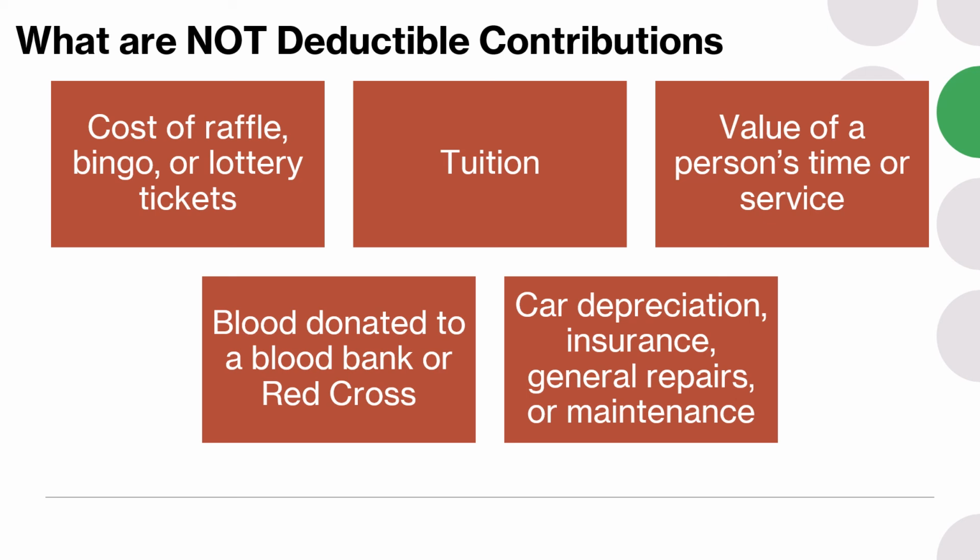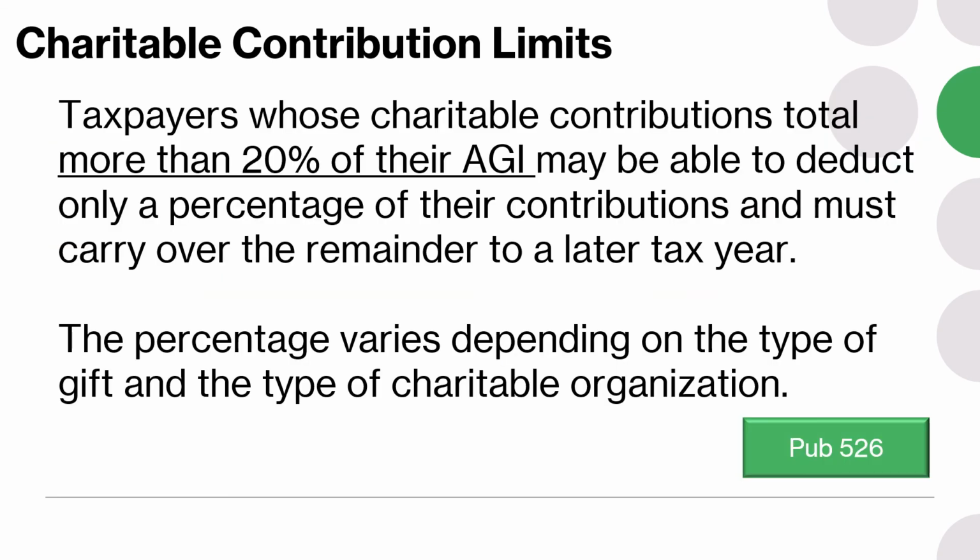Also blood donated to a blood bank or the Red Cross. And while you can take mileage, you cannot take car depreciation, insurance, general repairs, or maintenance as a deduction on Schedule A. And then there are certain limitations on charitable contributions.